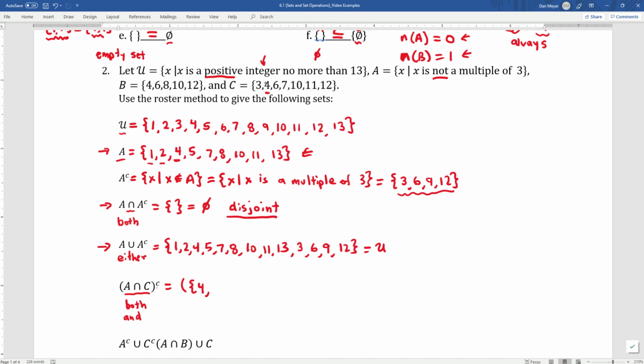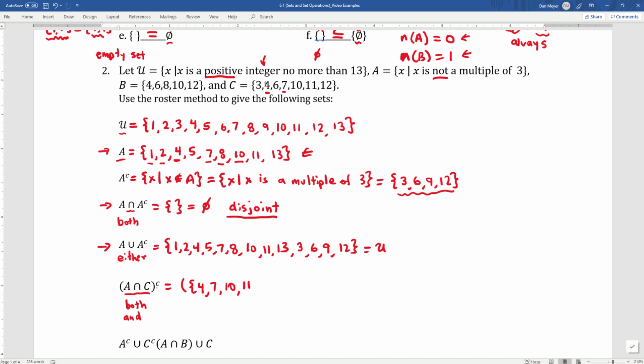Let's see, 5 is only in A. 7 is in A and C, so it will be in the intersection. 8 is only in A. 10 is in both, so it will be in the intersection. 11 is also in both, and then 13 is only in A.